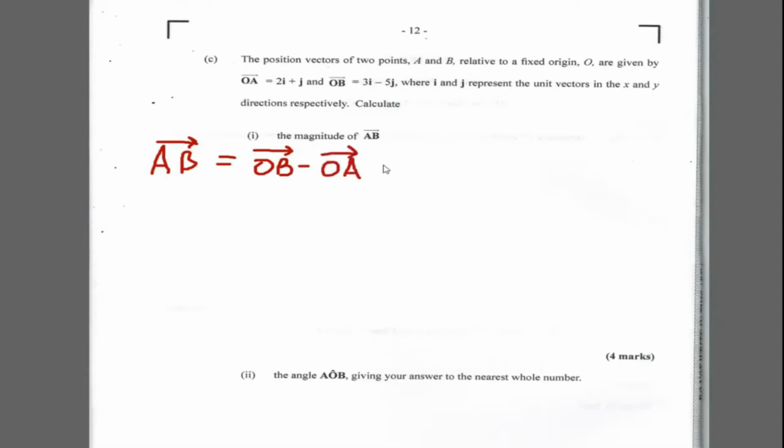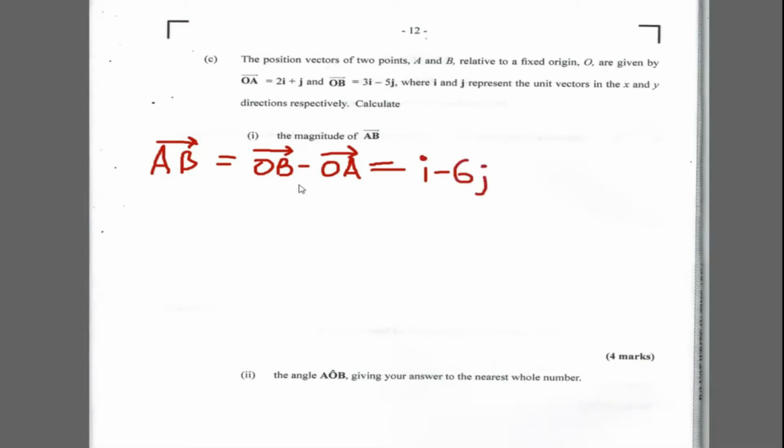Vector AB is OB minus OA, so vector AB is going to be 3 minus 2, which is 1, so we get i, and then minus 5 minus 1 is minus 6j. So that's vector AB.